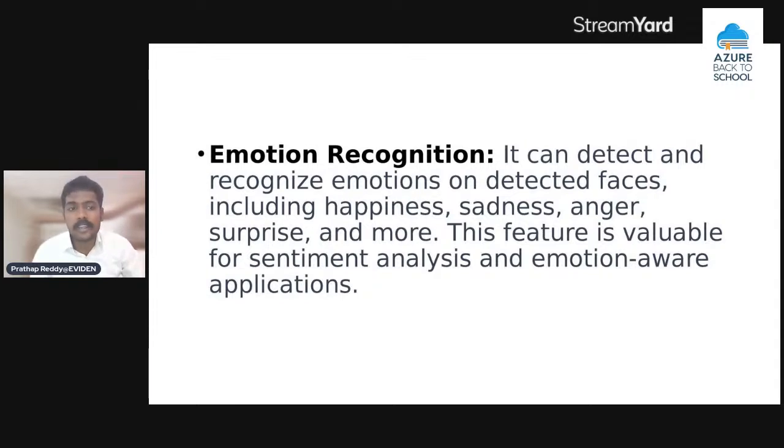We have different perspectives of emotions, like whether the person is really happy, unhappy, angry, or sad. The Face API will recognize that the person is having some trouble or sadness. By looking into the camera, it detects whether the person looks angry or happy. It captures it that way, okay?